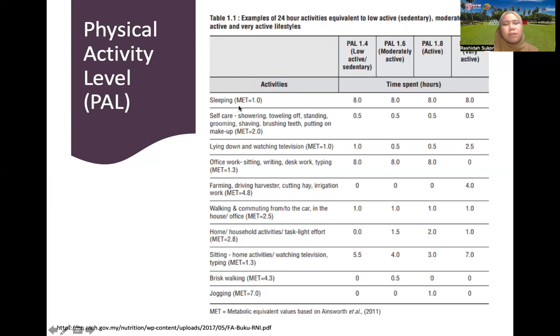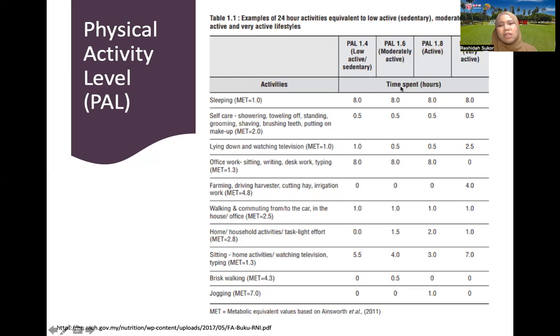For example, sleeping. MET is the metabolic equivalent value, based on Swift et al., 2011. Sleeping, everyone sleeps the same, right? If you sleep, you don't do anything, so they are all the same, say 8 hours. Showering, toweling off, grooming, say you spend 0.5 hour.